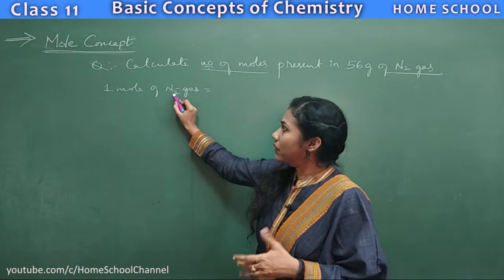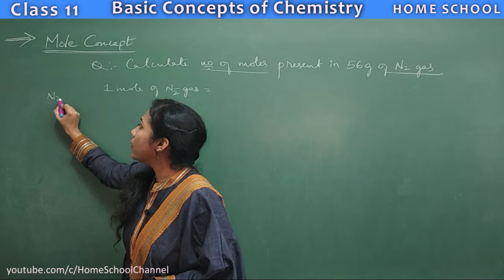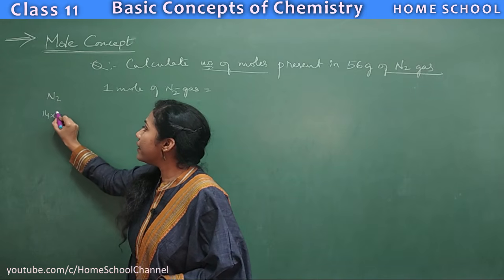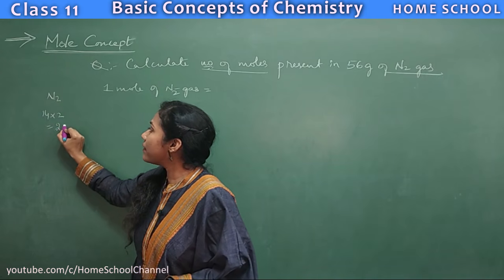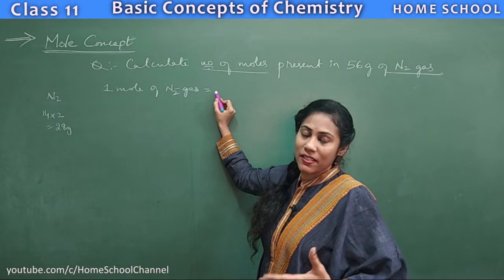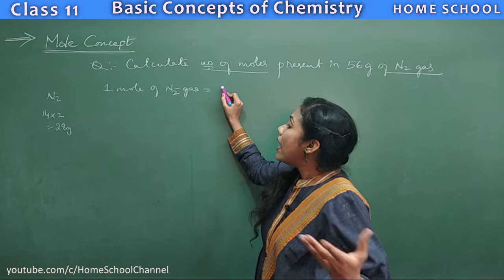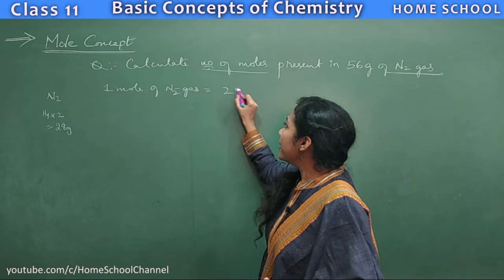N2 molecular mass is 14 into 2, which gives 28. So 1 mole of nitrogen gas has a mass equal to 28 grams.